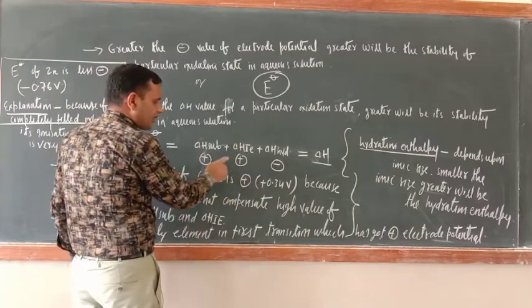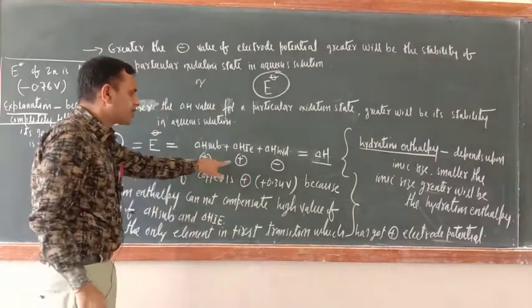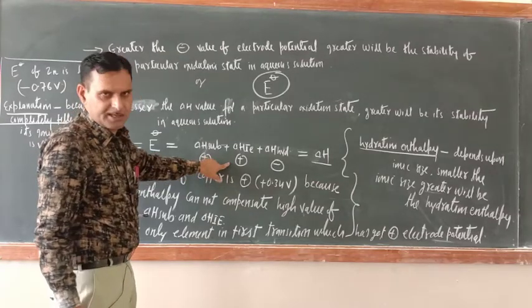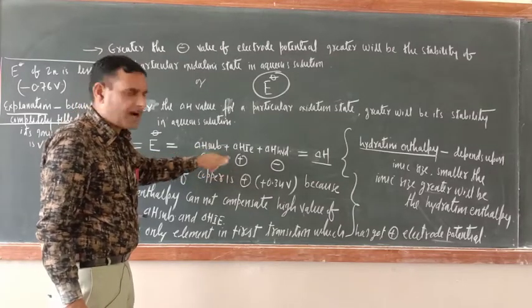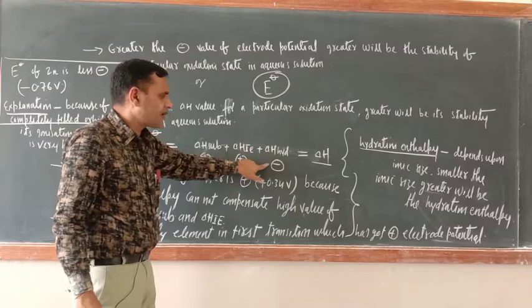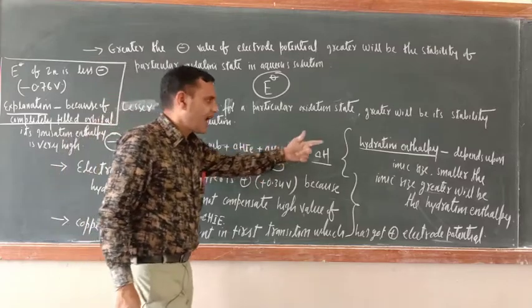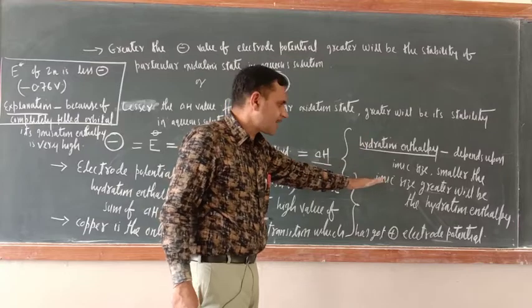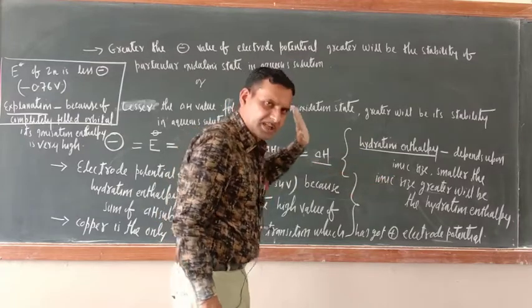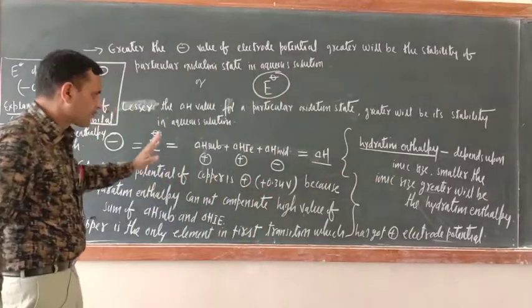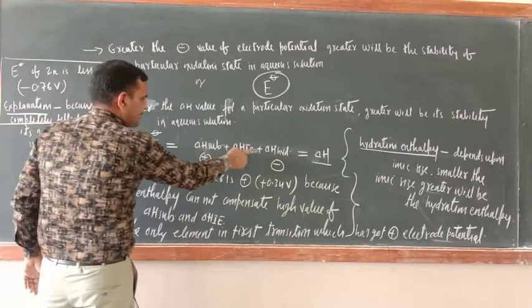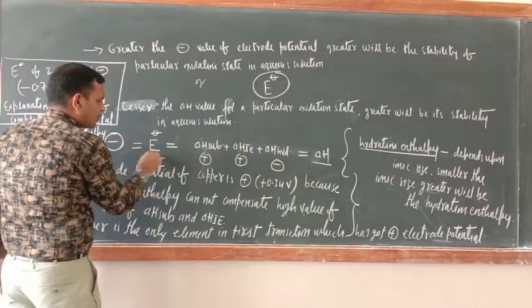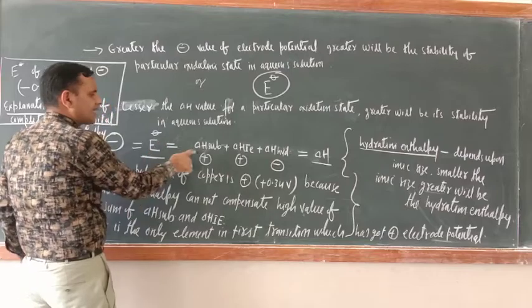That is why I wrote a positive sign here, because these two are energies which are needed, meaning they are required. And hydration enthalpy is the amount of energy released, and its value depends upon ionic size. The smaller the size of the ion, the greater will be the hydration enthalpy. So their sum is related to electrode potential, meaning electrode potential depends upon this.